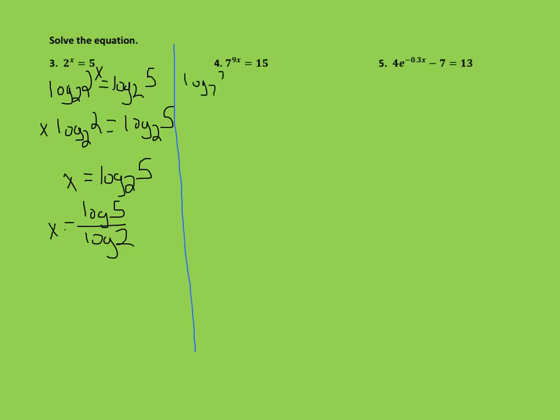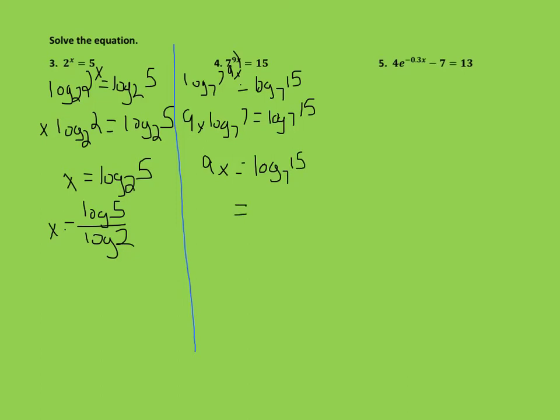So here, log base 7 of 7 to the 9x equals log base 7 of 15. You match the base of what the exponent variable is, okay? Bring that 9x to the front. 9x log base 7 of 7 equals log base 7 of 15. So I get 9x equals log base 7 of 15.